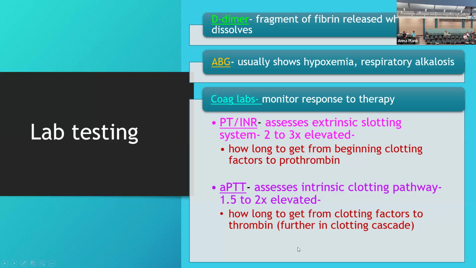Coumadin, which is a 2, goes clear up here and works on vitamin K in the liver. Understanding where these different medications work gives you an idea of why we're testing for them. Does that make sense?